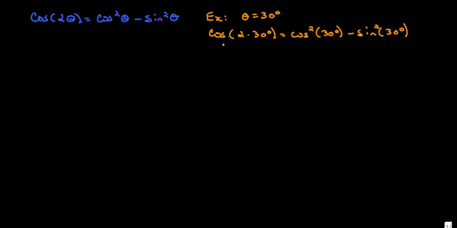So let's work with this left side. Here, this is going to give me cosine of 60 degrees. Let's raise that up a little bit so it looks like a degree symbol. Should be equal to, now the cosine of 30 is going to be square root of 3 over 2. The sine at 30 is 1/2.